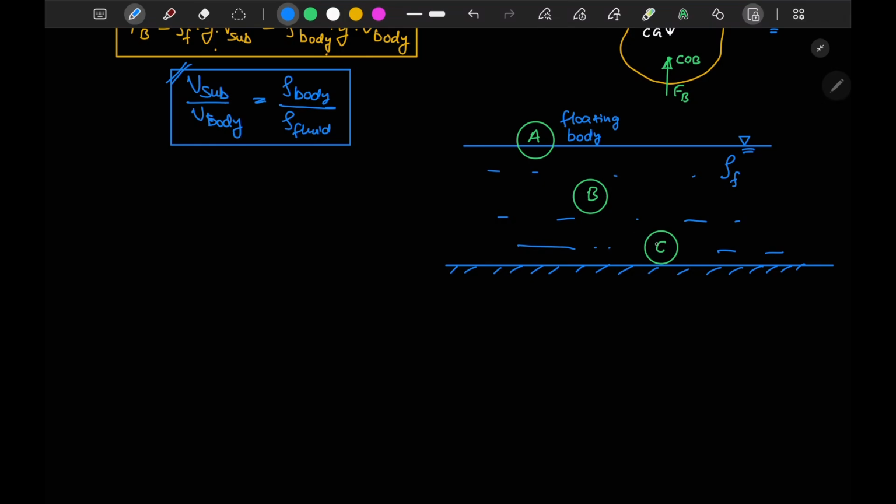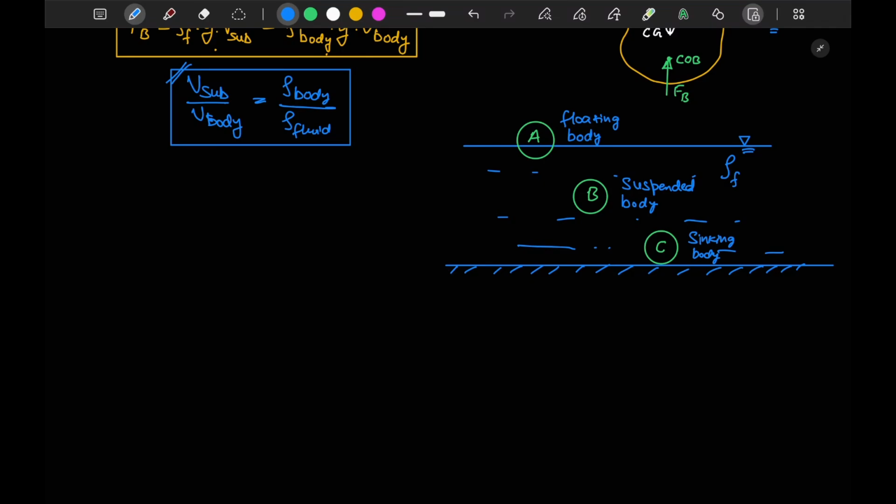In case of B and C, both are submerged bodies, but B is a suspended body, or we can also call it neutrally buoyant, and C is a sinking body. The buoyant force on both B and C will be the same, because the volume of fluid displaced will be the same.